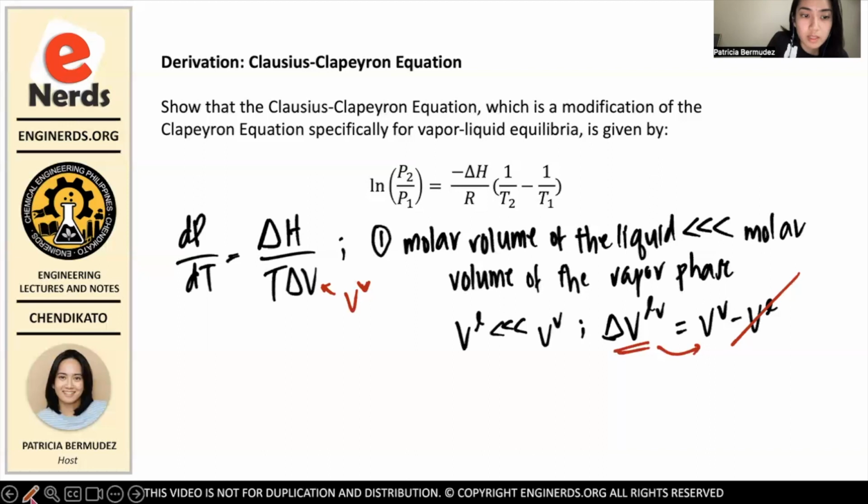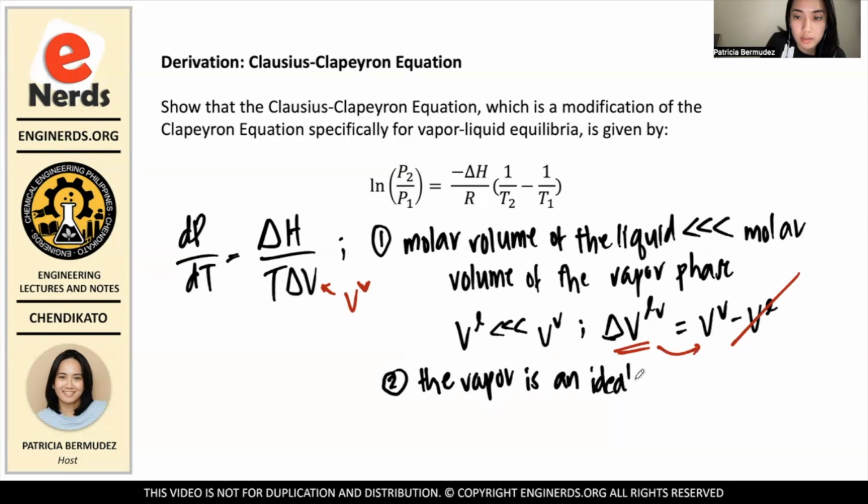Okay? And since now we're only taking into account the one that is in the vapor phase, we have to assume another factor here. And we have to assume that the vapor is an ideal gas. Okay?